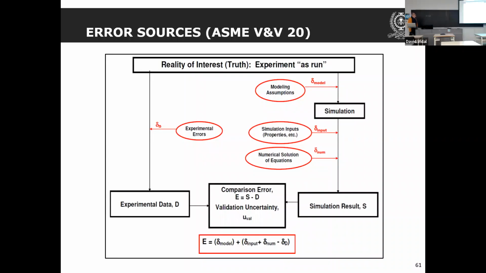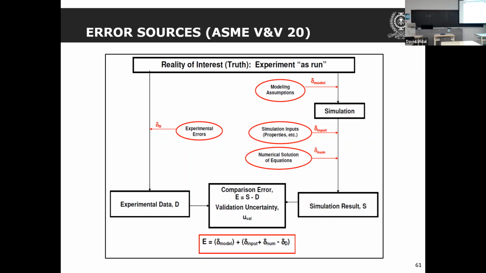So basically, if you read the standards, it's going to tell you that there are several sources of errors. Basically, you have the experimental errors. You have the errors related to the variability of the inputs, called delta inputs. You have the errors related to the numerical scheme, so usually this is the discretization error.